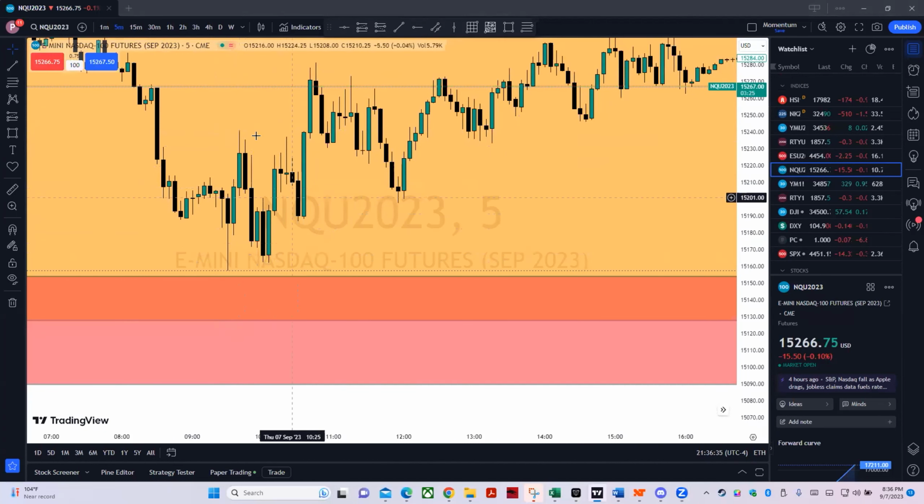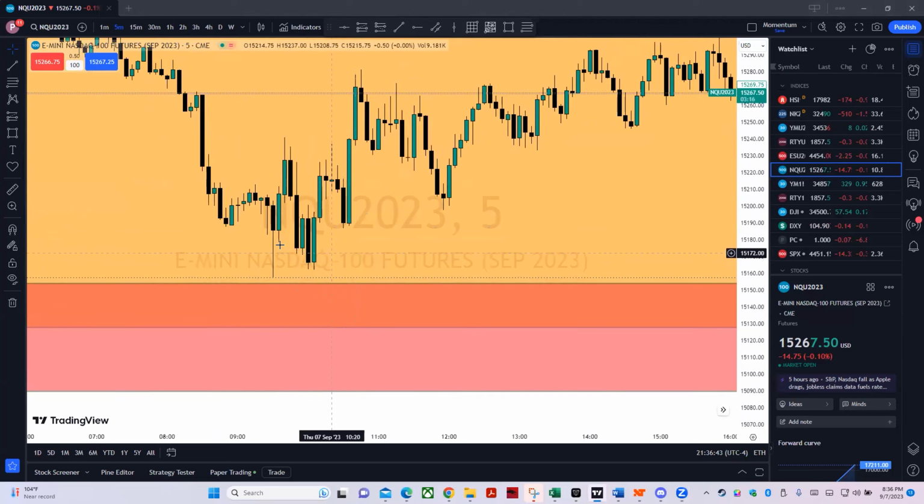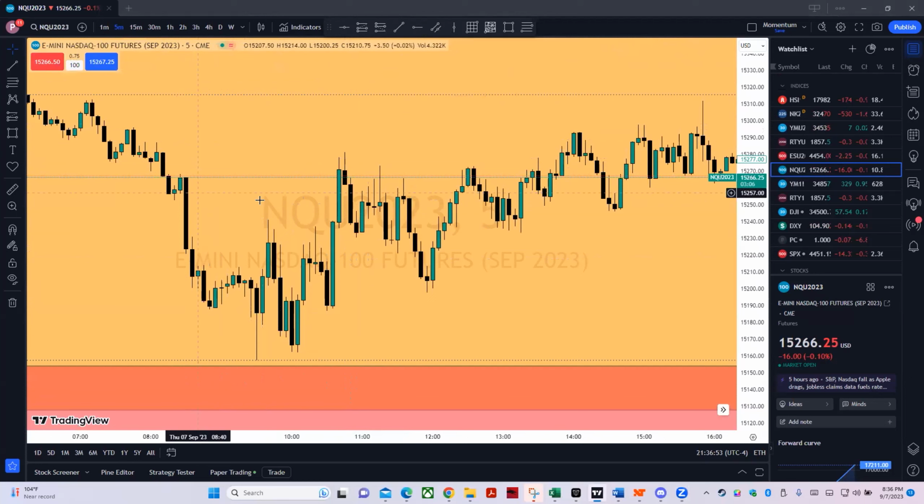But this immediate rebalance, because we came up, came down, failed to take out the liquidity, ran up, took out the immediate buy side, came down, creating the propulsion block, and ran the buy side, the short-term high up here.